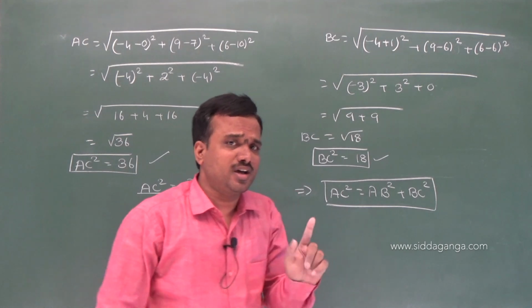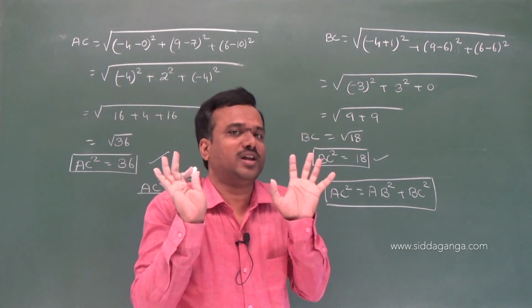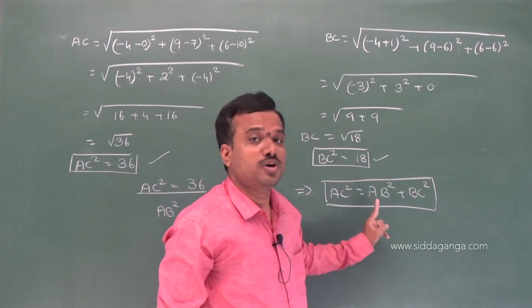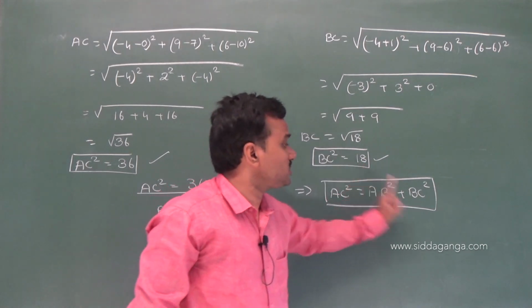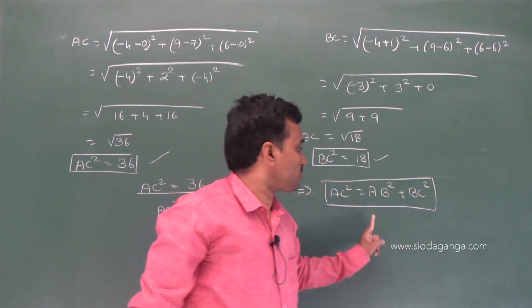In a right angle triangle, hypotenuse square is equal to the sum of the squares of the other 2 sides. Hypotenuse is nothing but the largest distance.